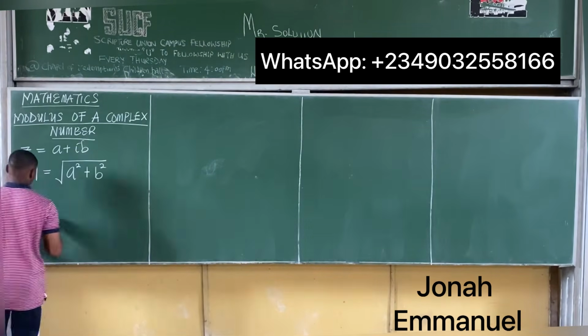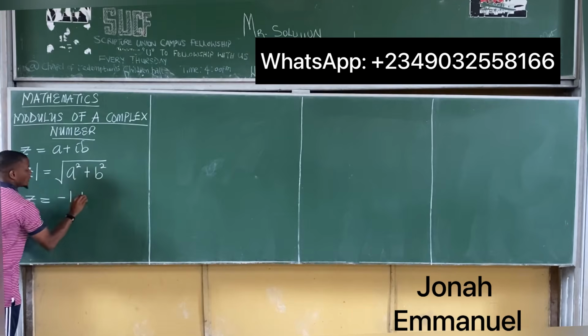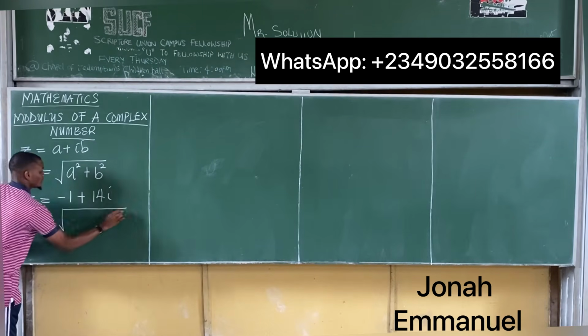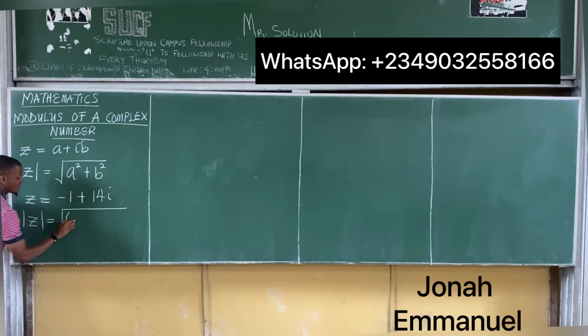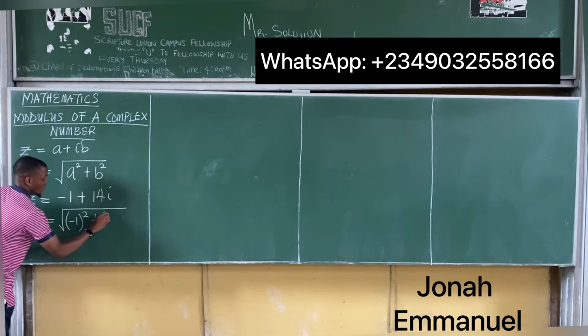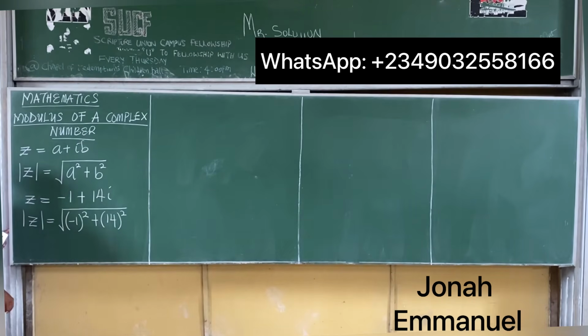So example 1, let's say we have z is equal to minus 1 plus 14i, and I'm asked to find the magnitude of z. This will be equal to the square root of this term, that's minus 1 all squared, plus this term here, 14 all squared.